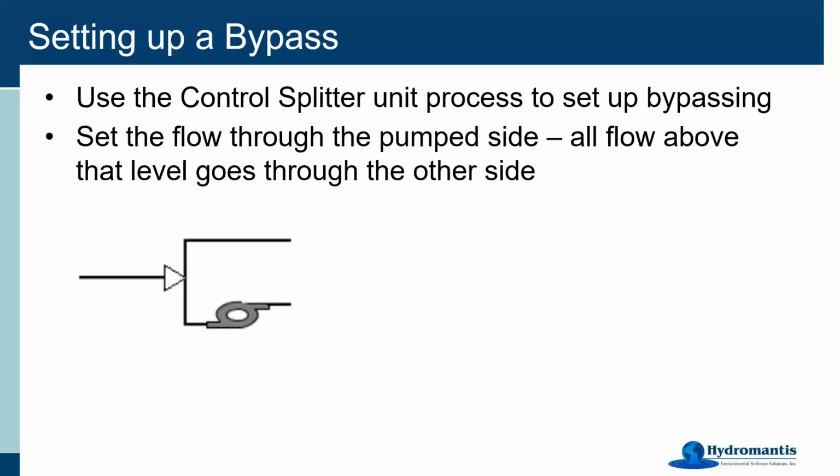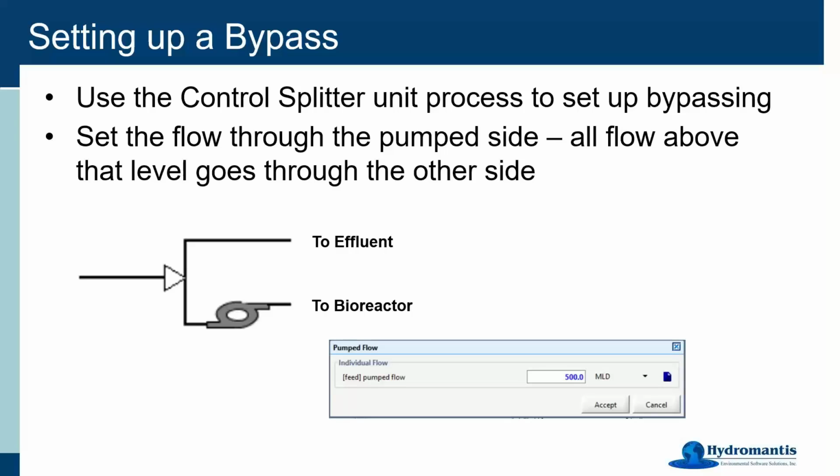And it may seem counterintuitive the way I'm going to explain it, but the way that you do it is you set it up so that the pump side goes to the rest of the plant, and the other side that is not the pump side is the bypass. So what you're doing in this case is you're setting a threshold at whatever flow rate you want. If you open up the menu, you'll see the pump flow setting here is 500 MLD, for example.